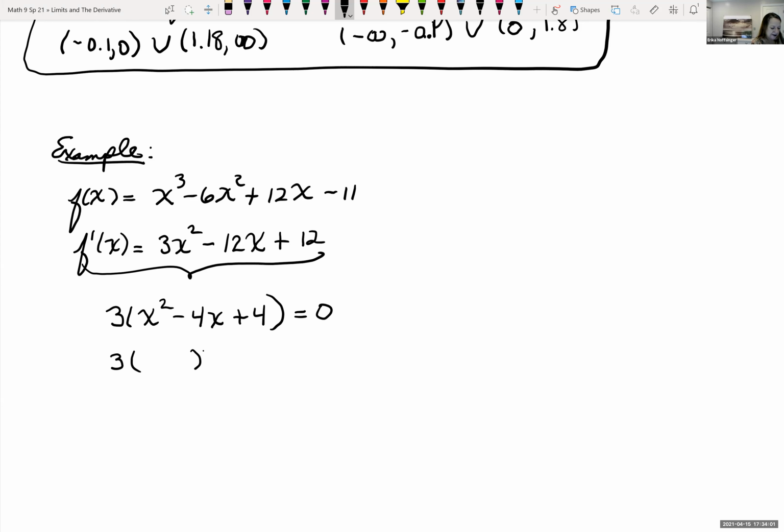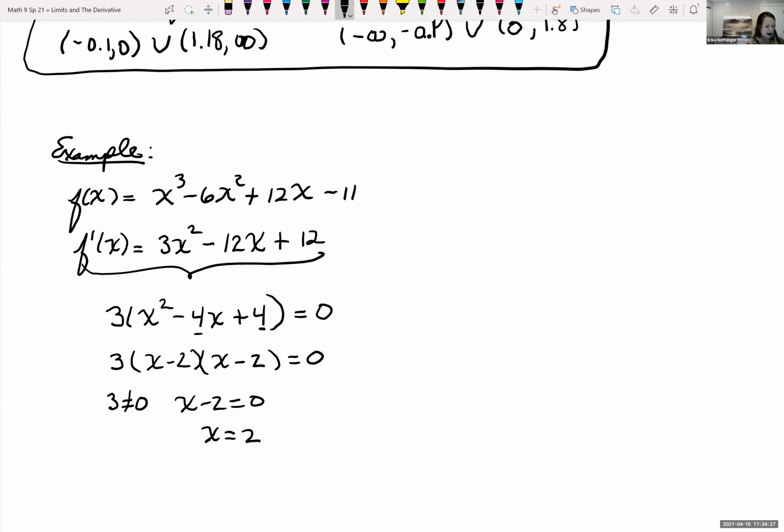I notice that this factors, there are two numbers that multiply to positive 4 and add to negative 4, which is negative 2 and negative 2. So we have 3 times the factor x minus 2 times the factor x minus 2 equals 0. Setting each piece equal to 0, well, 3 never equals 0. x minus 2 is equal to 0 when x is 2.